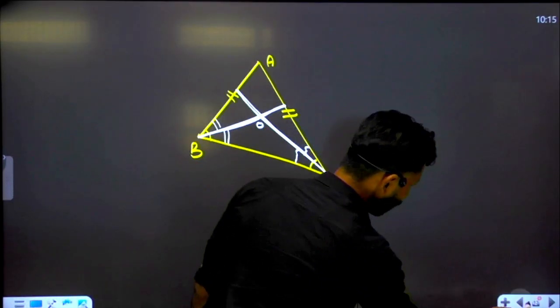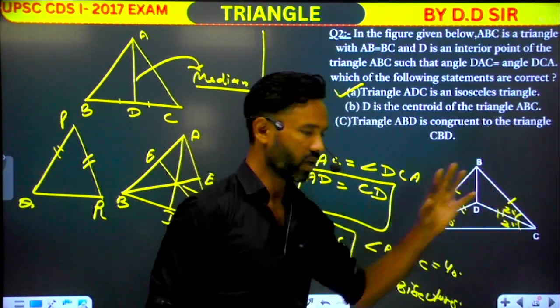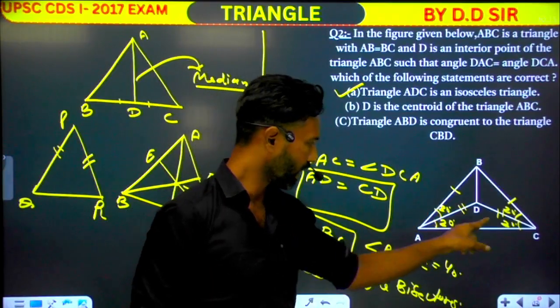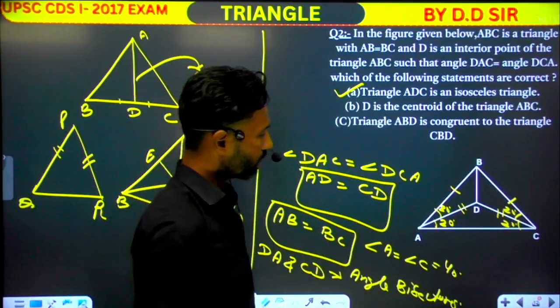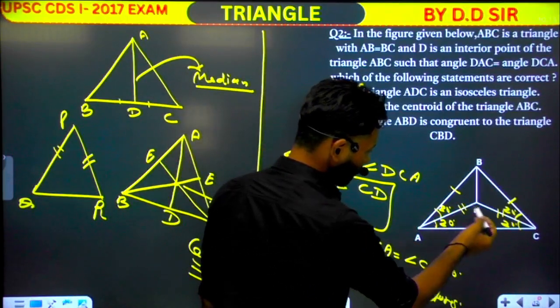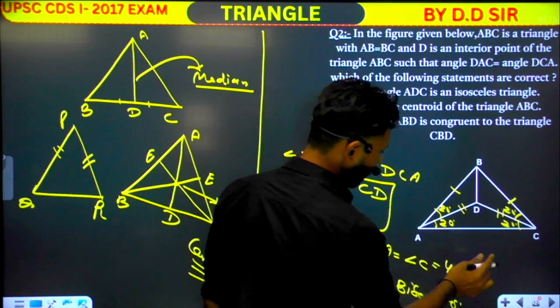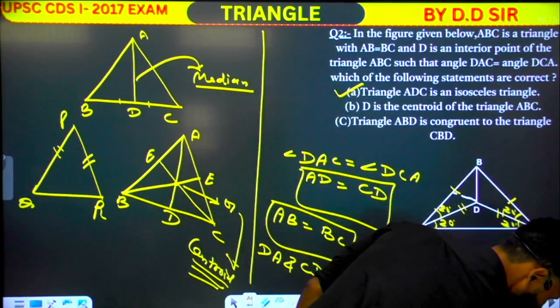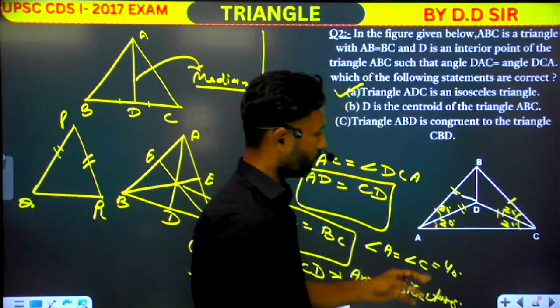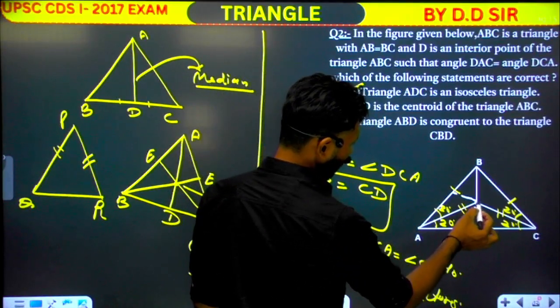So in this particular question, AD and CD are the angle bisectors of angle A and angle C. It means these will be working as portions of the median also, because the median will be from C to here complete. So this complete will be the median. So D will be the centroid here.